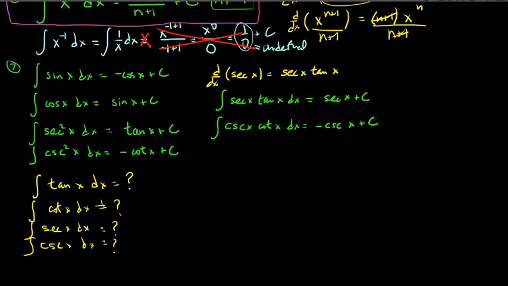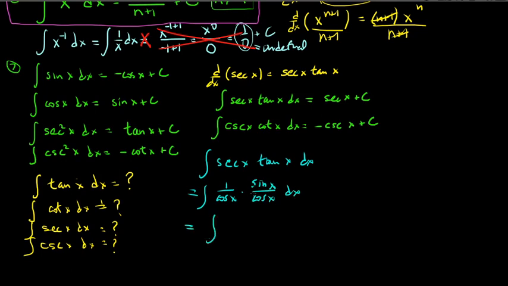Okay. One other thing about these is that we could rewrite them, of course, right? So, for example, secant times tangent. Well, if you remember, secant is just 1 over cosine of x, and tangent is just sine x over cosine x, right?